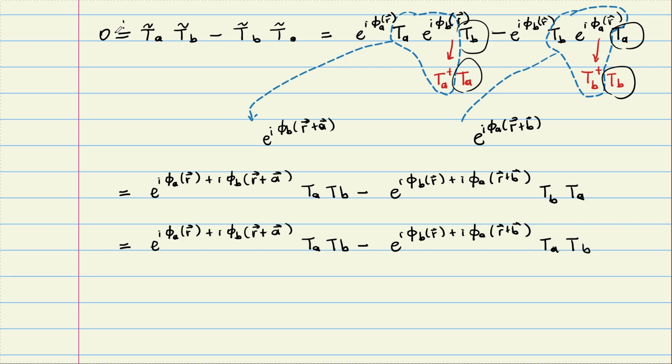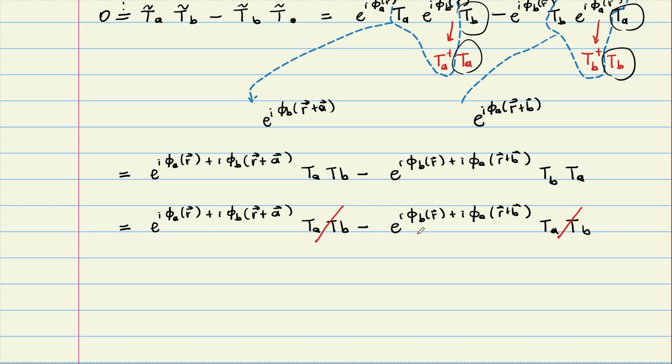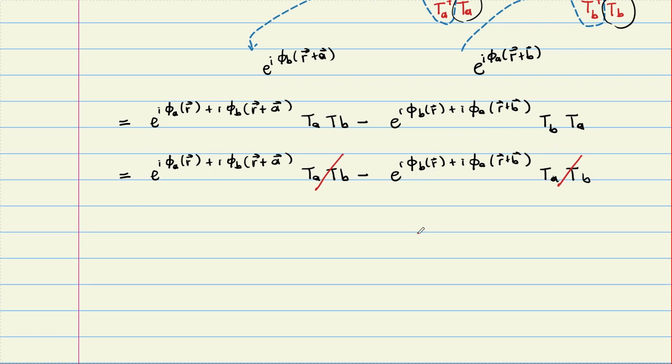And if we require this to be 0, I can cancel these out. So let me cancel this one and this one. In that case, this quantity should be equal to this quantity, so that these two translation operators do what we want them to do.